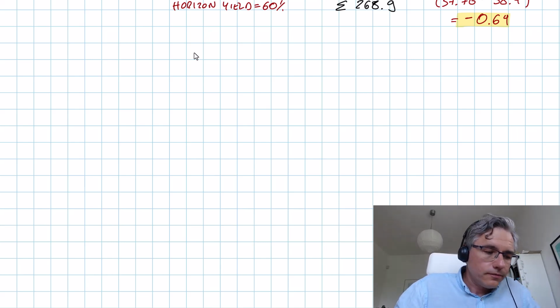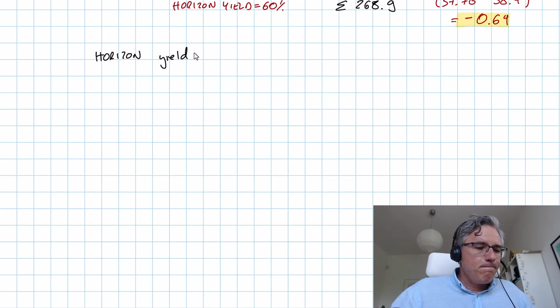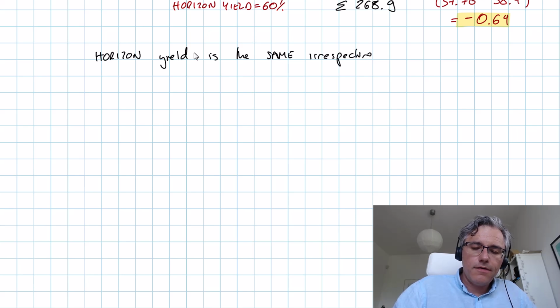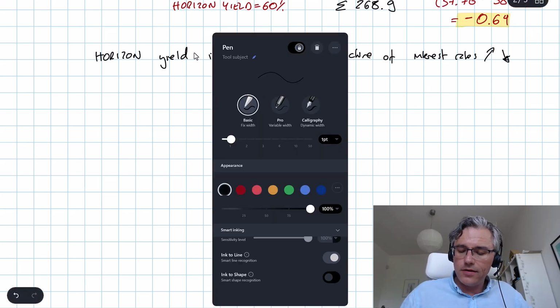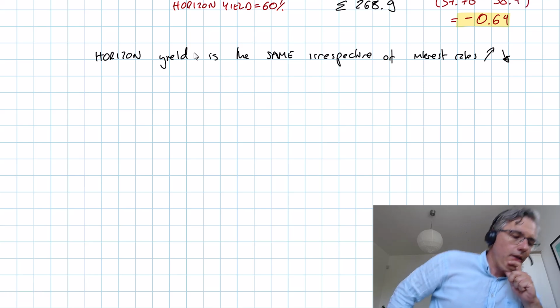So the horizon yield is the same, stays constant, irrespective of interest rates, either going up or down. It's as if our result is kind of immune or hedged against interest rate fluctuations, which is quite interesting.